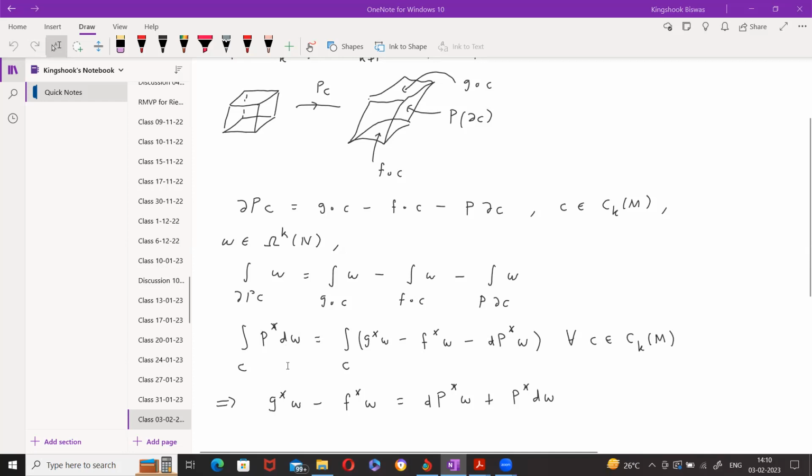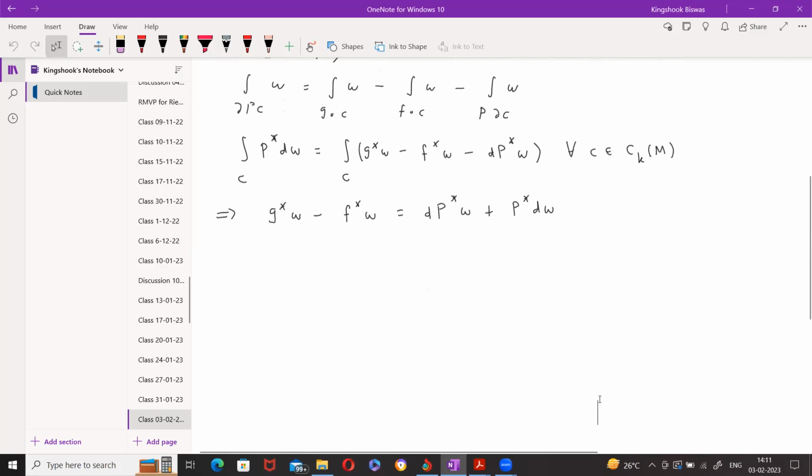So that implies that P star d omega is equal to G star omega minus F star omega minus d P star omega. So we can write that in this form. G star omega minus F star omega equal to d P star omega plus P star d omega, right?